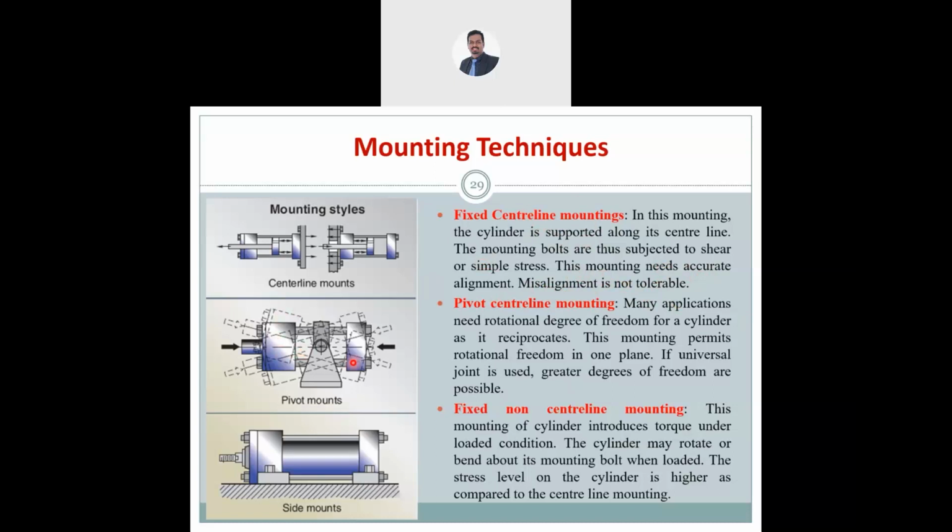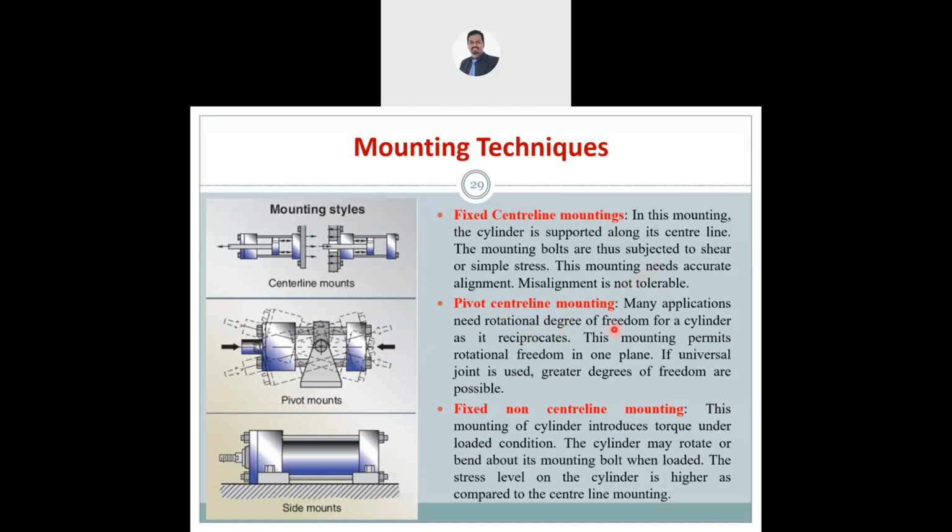Then you have a flexible one. Okay, so you have pivot centerline mounting. So you just clip at the center of the barrel. You have the barrel, you put it at the center, so it can move upward. So it will have some rotational degree of freedom.